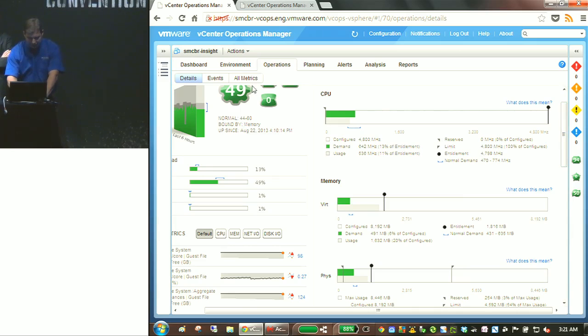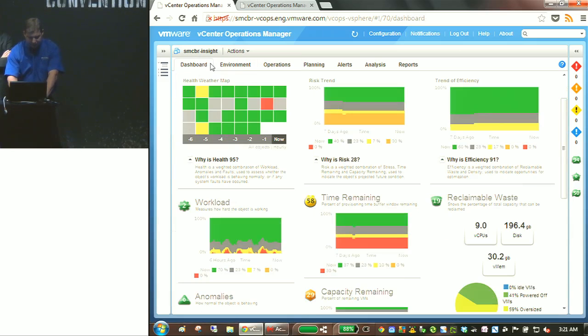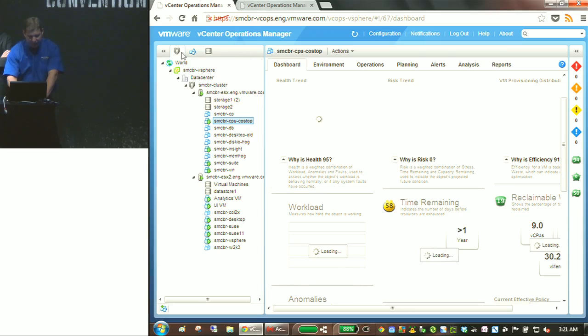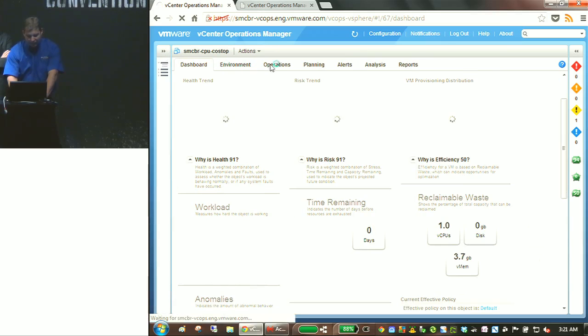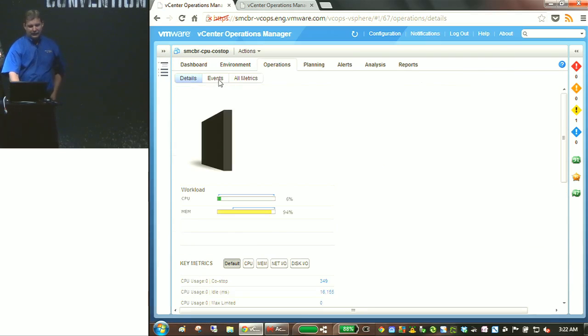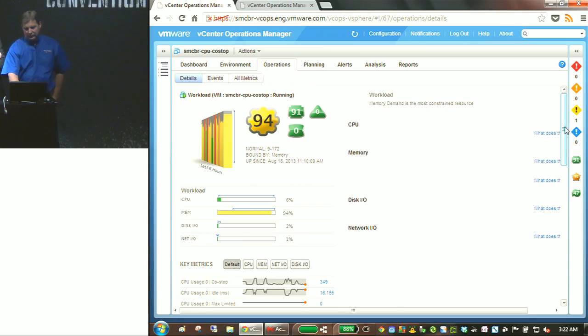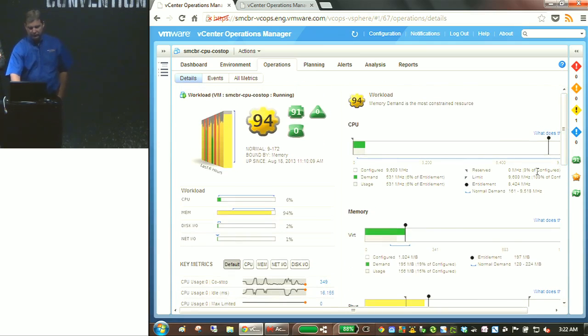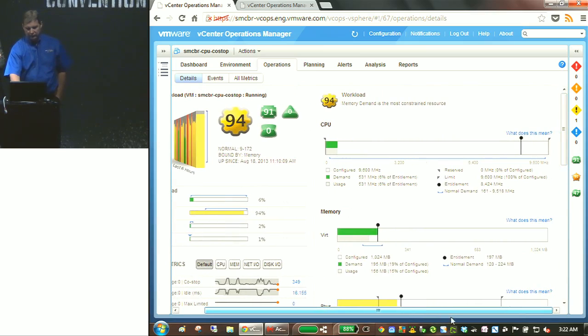Now, let's go take a look at another VM. I have a very leading name for this VM called CoStop. This VM is a VM that I created with a lot of CPUs. And right now it's not doing much.